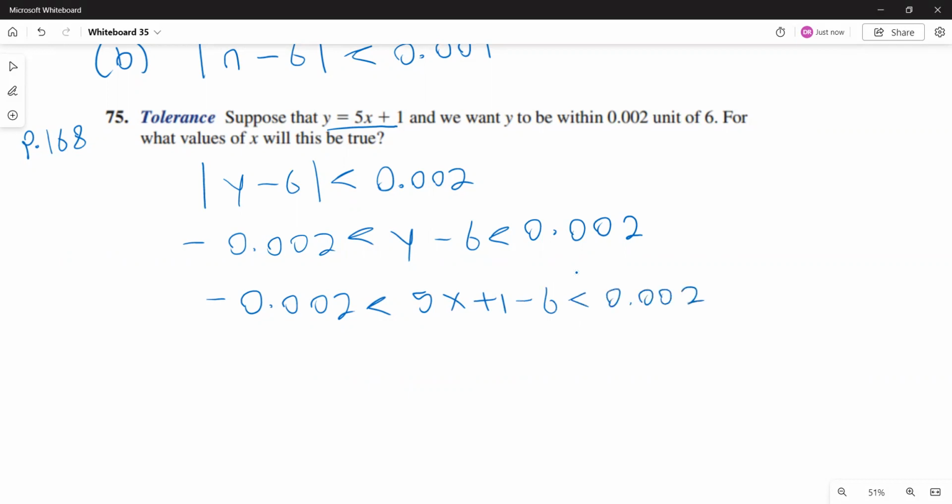Simplify plus 1 minus 6, and we have that 5x minus 5 is between negative 2,000 and 2,000. So add 5 to both sides, or to all three parts.